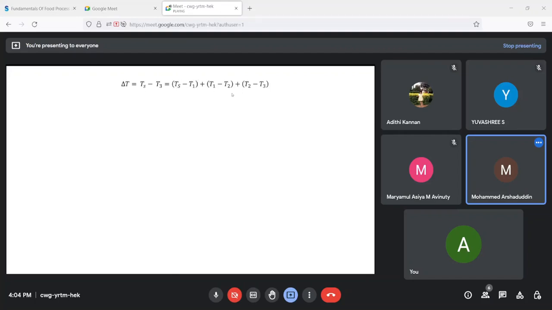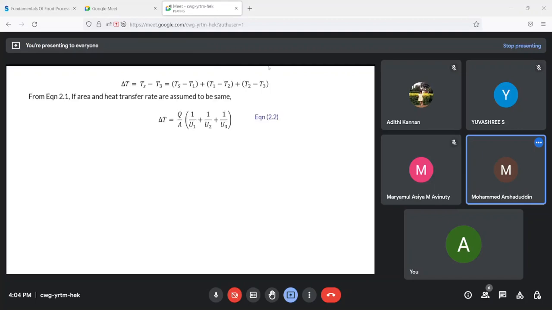For the second effect, it is the temperature of the vapor that is entering to heat, that is T1 minus T2, plus for the third effect it is T2 minus T3. Is this clear? So this is the delta T of the total process, delta T1 plus delta T2 plus delta T3.